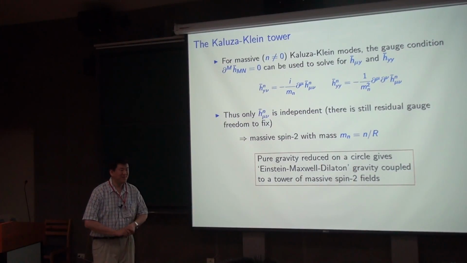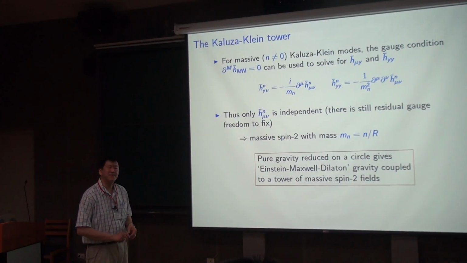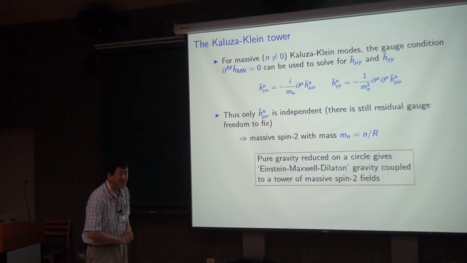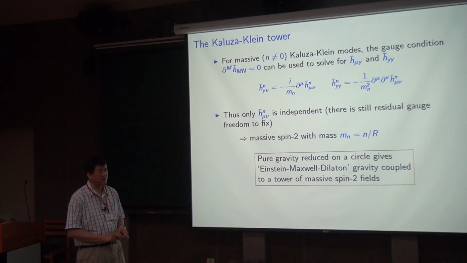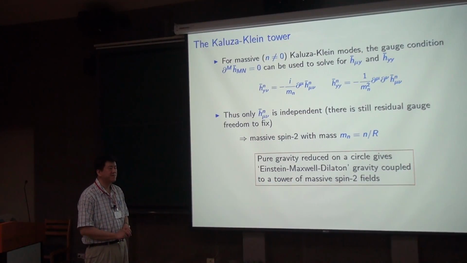Yes? I'm concerned about the symmetry of the theory. So originally, there is a diffeomorphism in 5 dimensions. Right. After compactification, of course, you have diffeomorphism in 4 dimensions. Maybe there are more symmetries after compactification.